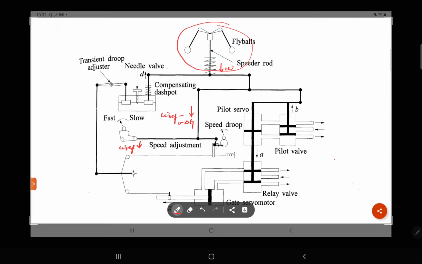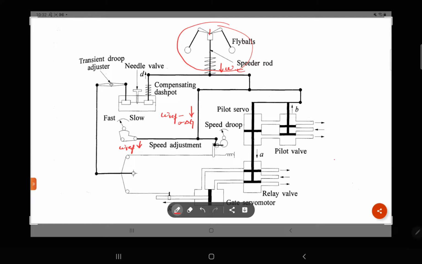The fly balls are connected to the turbine, and as the turbine rotates, they rotate in the same manner. The rotation speed of the fly balls will show whether the speed is increasing or decreasing. We have taken omega as the actual speed of the turbine.